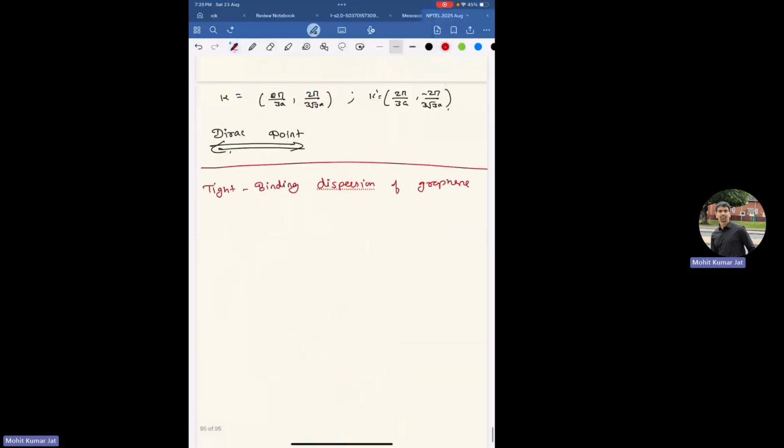So the delta 1 coordinate you can write as a by 2 (1, square root of 3). Delta 2 is a by 2 (1, minus square root of 3), and delta 3 here will be minus a (1, 0), right?